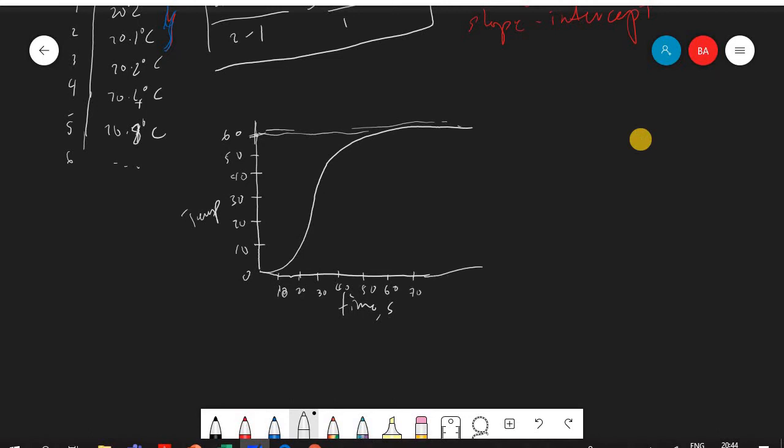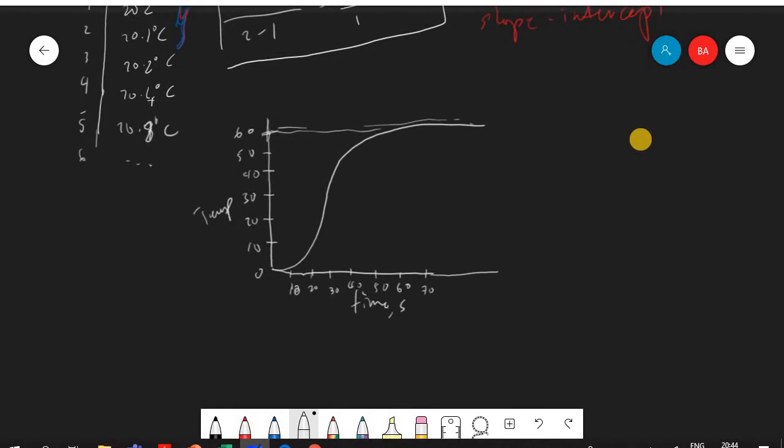Actually I had a ruler here, but no worries. So if I have something that looks like that, let's now apply the SNK method, and then I'm going to apply the slope-intercept method. I think it's a good idea to do this.